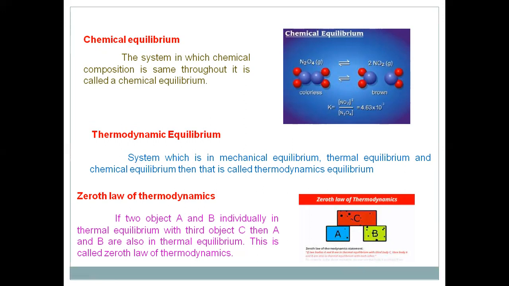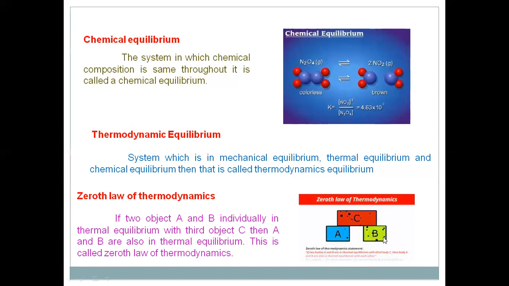At the same time, B and C are at different temperatures, so heat transfers. After some time, B and C are at the same temperature, so B and C are in thermal equilibrium. Of course, after some time, A and B are also at the same temperature, that is, in thermal equilibrium. This is called the zeroth law of thermodynamics.